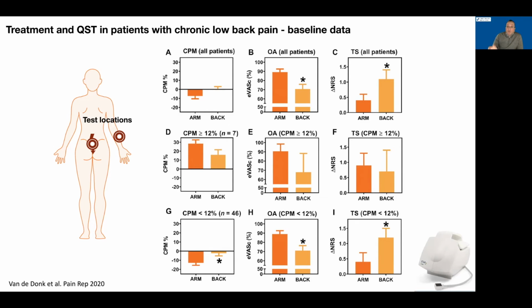And when you test temporal summation on their skin, again, what was obvious is that on the back area, the temporal summation was abnormal. Again, an indication of central sensitization. So these patients had a central sensitization, or I have to say it was only on the skin in the back. We call that nowadays a segmental sensitization on the area of the back.